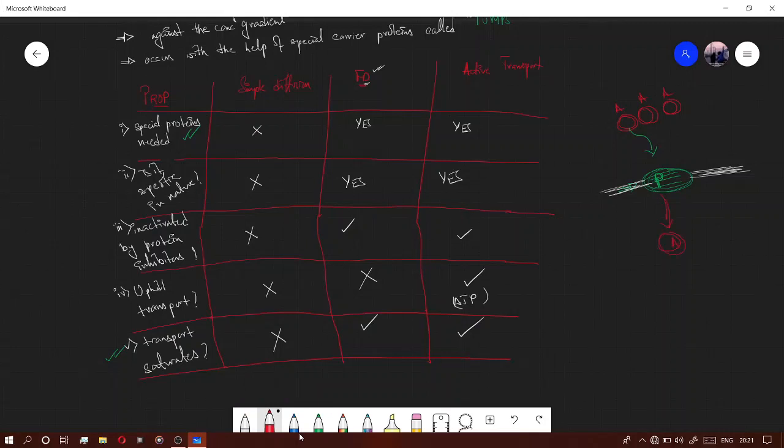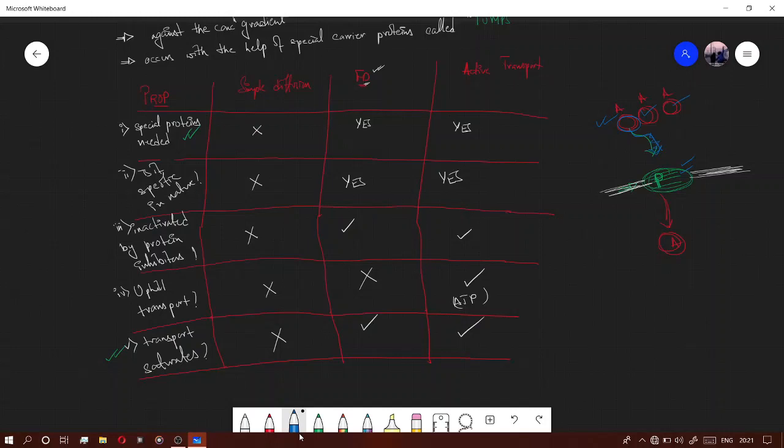Now we have only one protein P but three A's. Will all three pass at the same time? Well, the answer is very well no, because I've specifically stated that the protein P can only transport one A at a time. Isn't this transport saturation, that this will go, then this, then this?